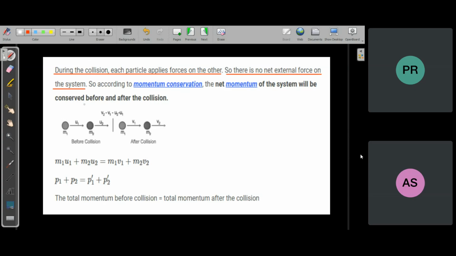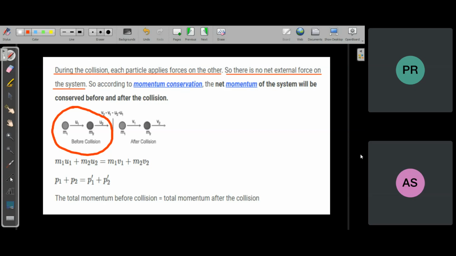Suppose these two particles combined are my system. Particle 1 exerting force on second and second exerting force on first are internal forces. Internal forces cannot change the momentum of the system. Internal forces can change the momentum of individual particles, but they cannot change the momentum of the system.